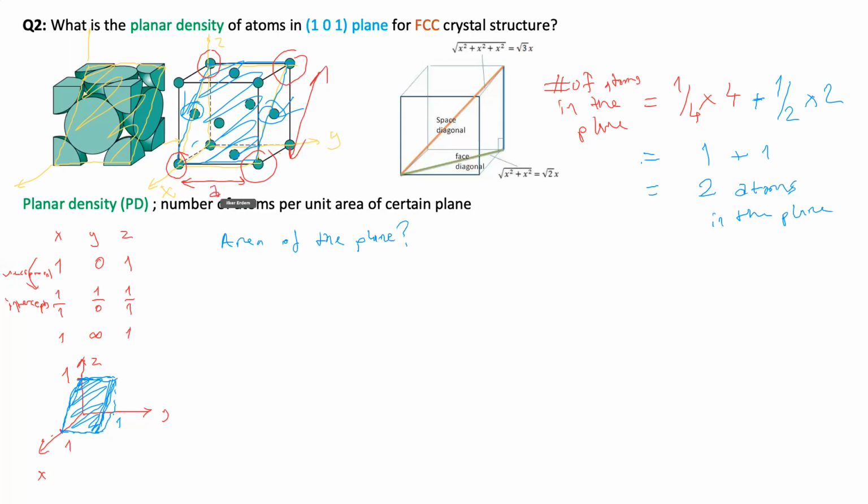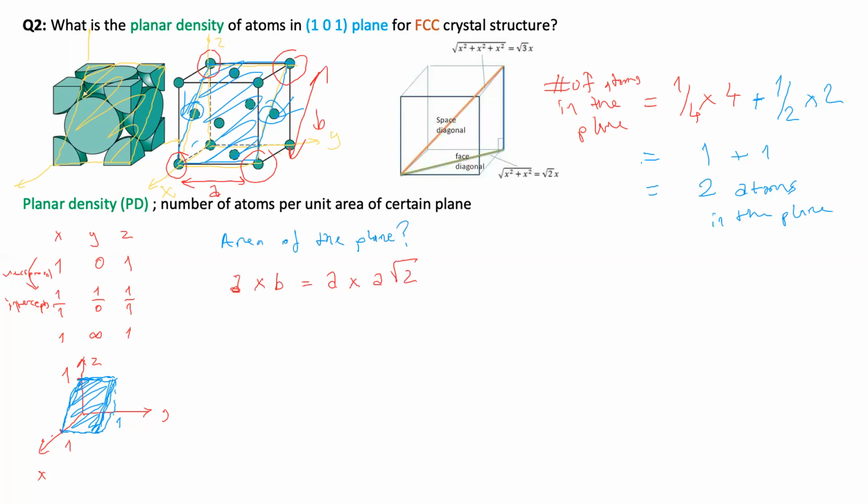So A and B, let's say. The A is equal to the length of one side of the cube. We can keep it as A. How about B? Here B is equal to the face diagonal of the cube, so it will be equal to A times square root of 2. And that will give me the area.